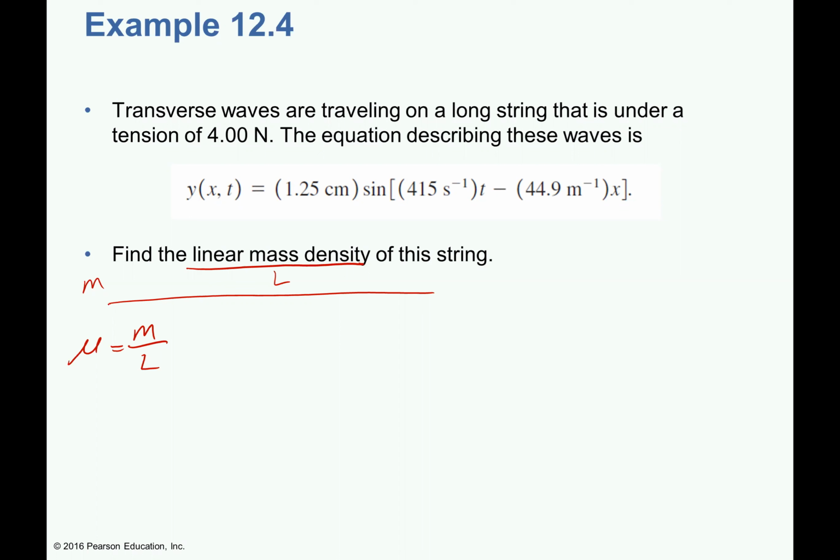I can take the string and start oscillating it. As it oscillates, it will be moving with some velocity v, because I generate a wave. And because it's a string, there's a little bit of stretching, and there's a force of tension in the string. And we are given that tension.